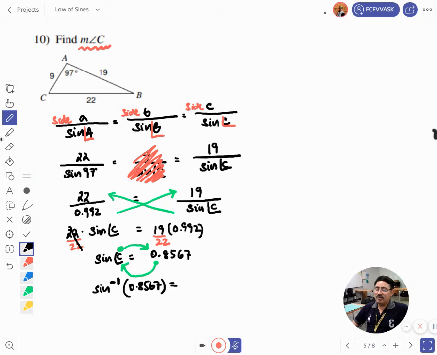Sine inverse of 0.8567 equals the measure of angle C. I'm using my TI-84 calculator. If you want, you may make use of the Desmos online calculator. It is 58.9, so angle C equals 58.9 degrees.